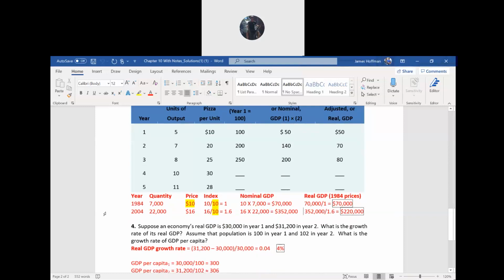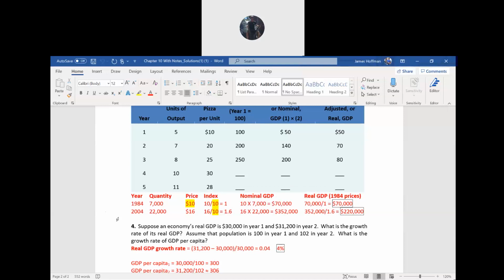Okay, so for 2004, let's take that nominal GDP, 352,000, and divide it by that year's index that we calculated, 1.6. So 352,000 divided by 1.6 is 220,000. All right, so you can see it's a lot lower because we put it in 1984 prices.